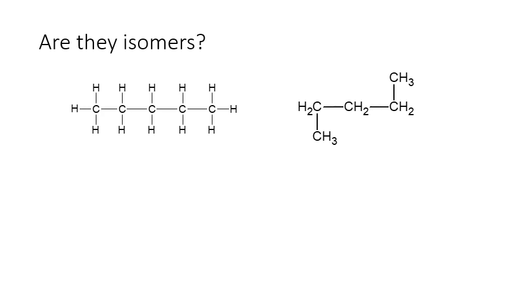Let's find out. Isomers are molecules with the same chemical formula but different structural formula. So we need to find out, do they have the same chemical formula? Take a moment just now to jot down what the chemical formula of both molecules are.